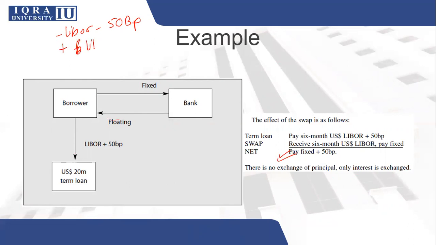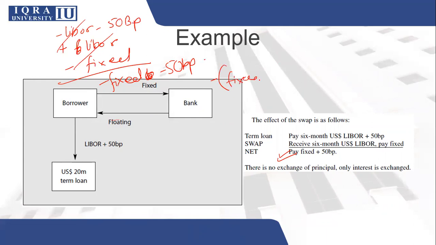So you're going to receive the LIBOR and you're going to pay whatever is the fixed rate agreed in the swap. So based on this, you can see LIBOR and LIBOR will get cancelled and you will pay the fixed plus 50 bips. Remember that the negative signs that I use is just to note the cash outflow and inflow, nothing else.